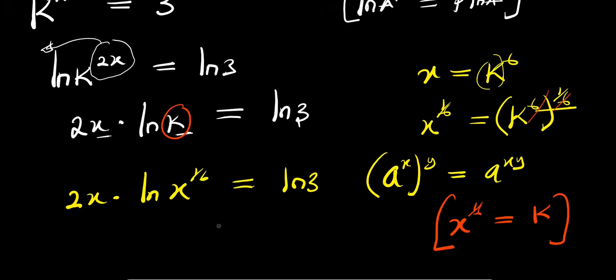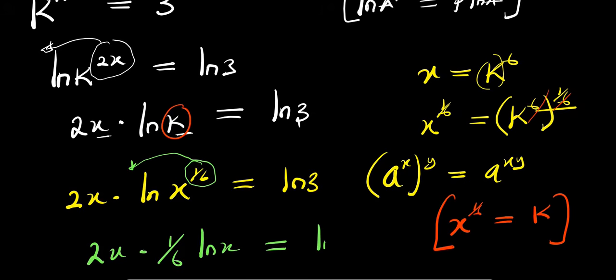So right now, remember the same identity. If you have ln of a to the power p, it equals p times ln of a, right? So the 1 over 6 here will come behind this. So what I will simply have is 2x times 1 over 6 times ln of x equals ln of 3.